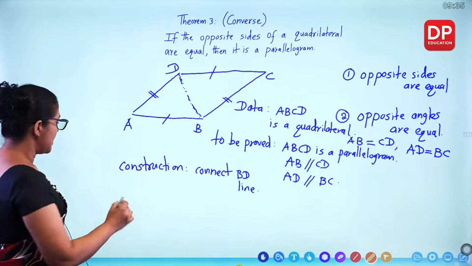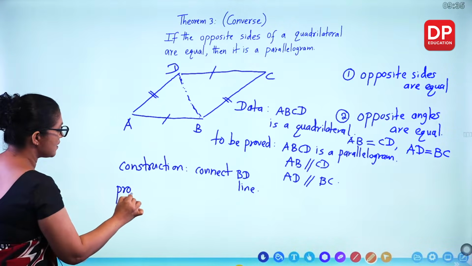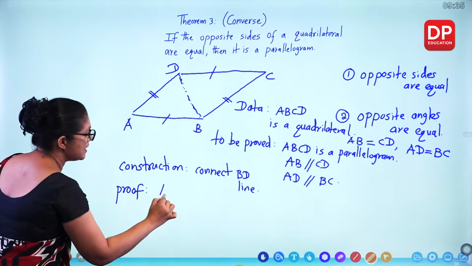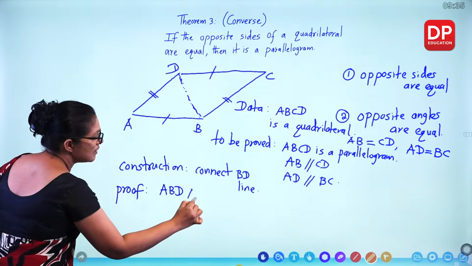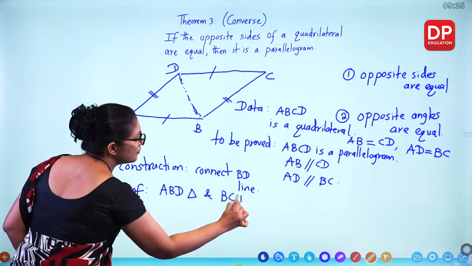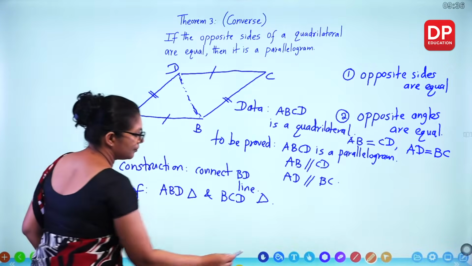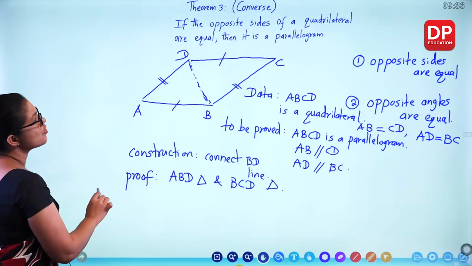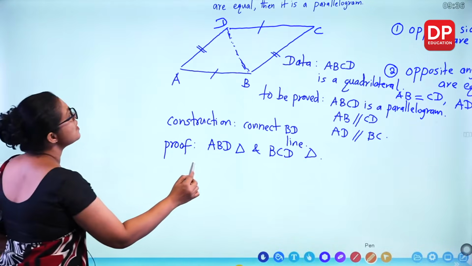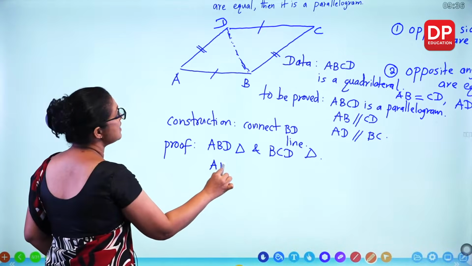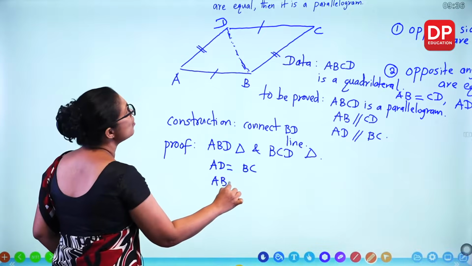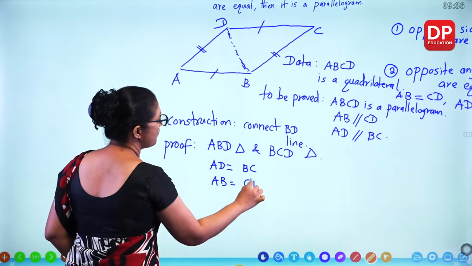Now we'll try to prove this. We'll take triangle ABD and triangle BCD. What can you say about these two triangles? From the data given, we know that AD is equal to BC, AB is equal to CD.